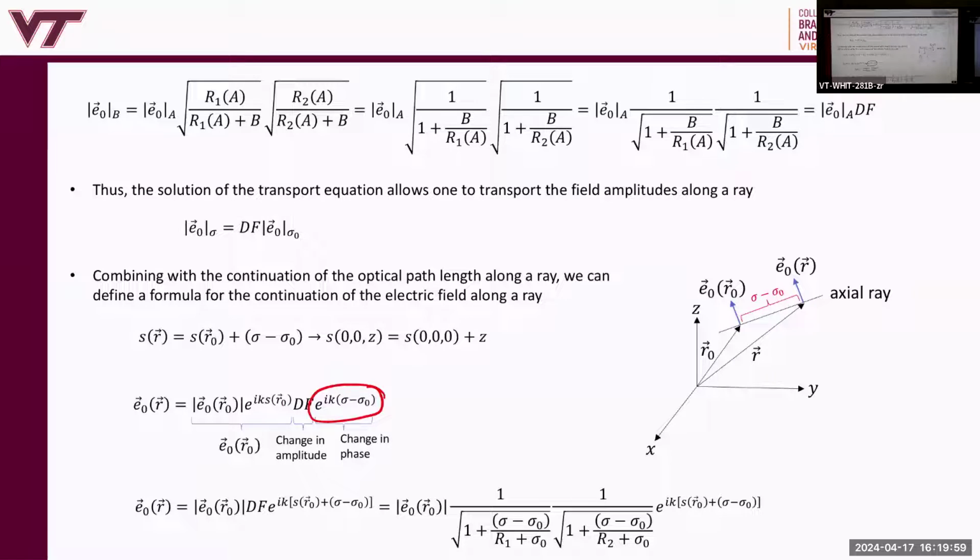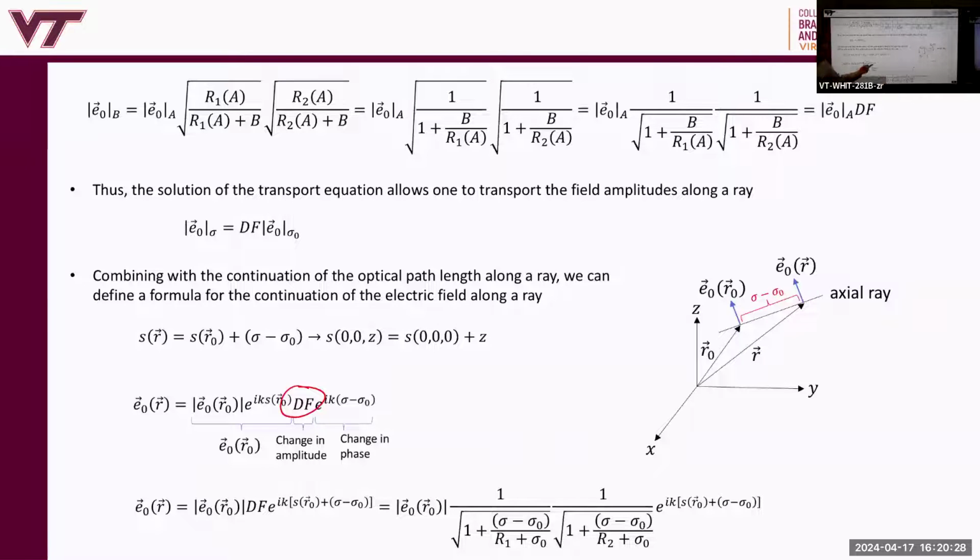So that's all that matters at the end. And it's exactly what you'd expect, right? There's nothing new here. We're talking about an electric field which is traveling along some direction, in this case a straight ray, the axial ray, and we're saying that it incurs phase delay according to e to the ik, z minus z naught. The only thing kind of new is this divergence factor. How does the amplitude change? But now that's because we're not talking about plane waves, right?